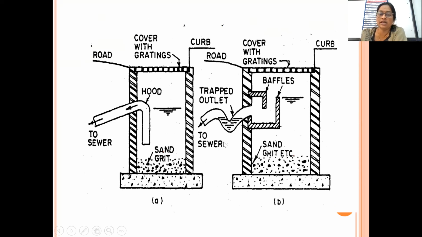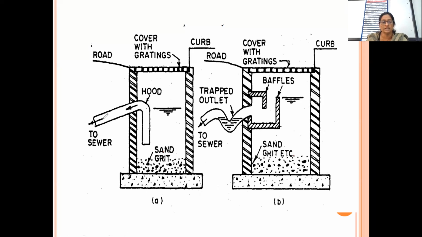Here, in a catch basin, the level of water is maintained in such a way that there will be no escape of gases or foul smells in a reverse direction. So the level of water we are trying to maintain is shown in this figure.